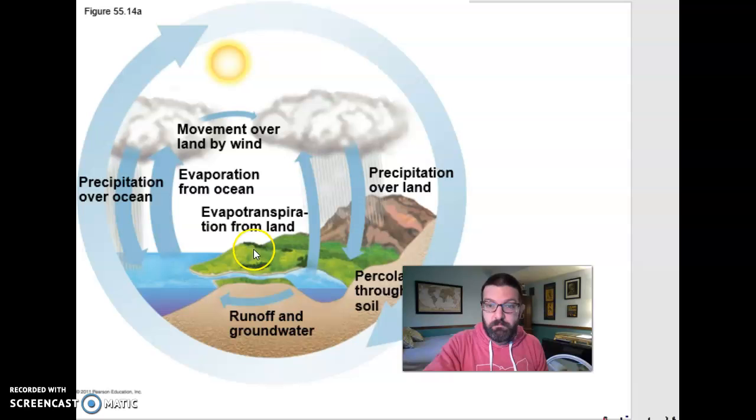That water can be taken up by organic reservoirs like plants and animals. It can percolate through the soil into groundwater, which is a very common reservoir. Runoff into groundwater, for instance, and then from my breath or evapotranspiration through plants, it can also go back up into the clouds, and that's the main movement, right, is in clouds.